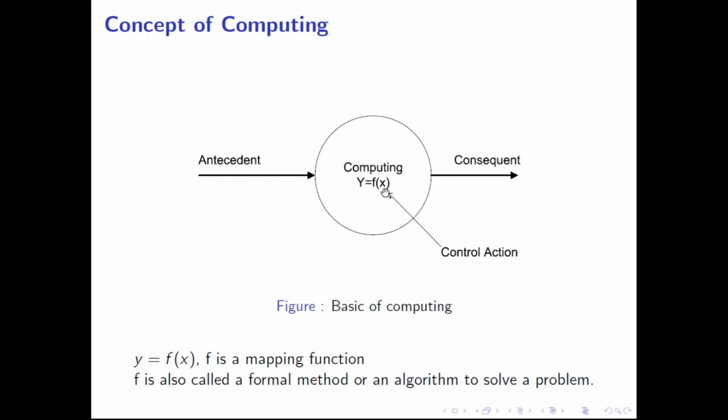So x is the input, and this x is passed through a function called f. After passing through the function f, x becomes y. This is what happens in the computation, and the resultant is called the consequent. So computing can be thought of as mapping. It maps an input to an output based on some function. f is a mapping function which maps the input to an output.